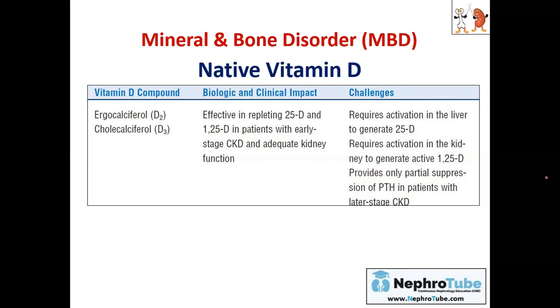You can give him a weekly 50,000 dose or a 200 dose in a single ampoule over 1 month. And you have to monitor vitamin D every month till you reach the target, which is more than 30 nanogram. Then if you reach the target, you have to give the patient a maintenance dose, which is about 40,000 international units per month.